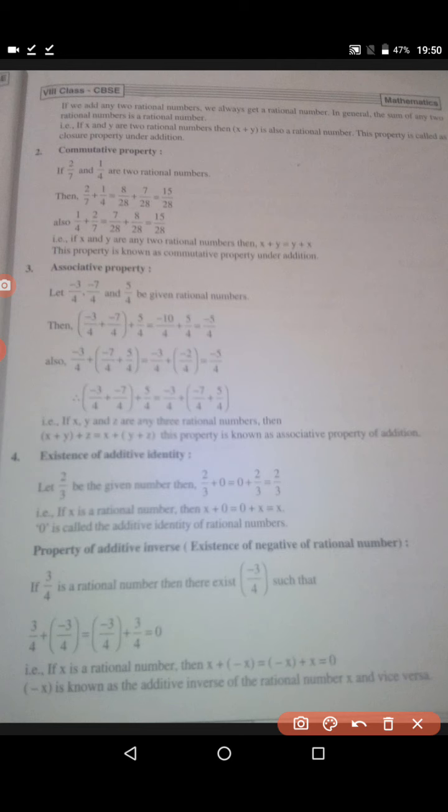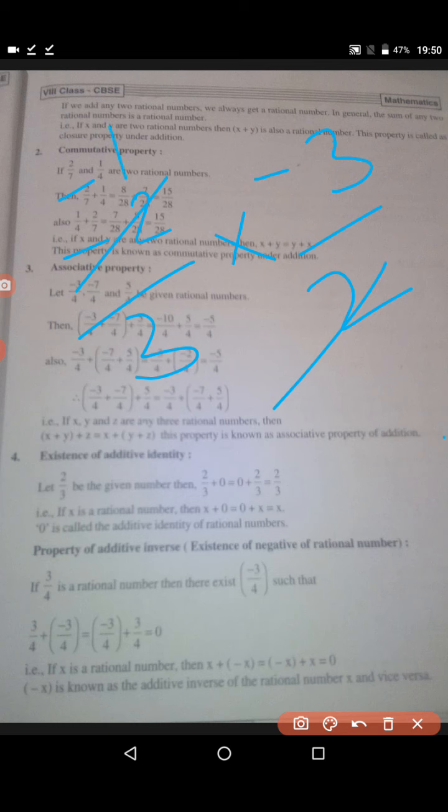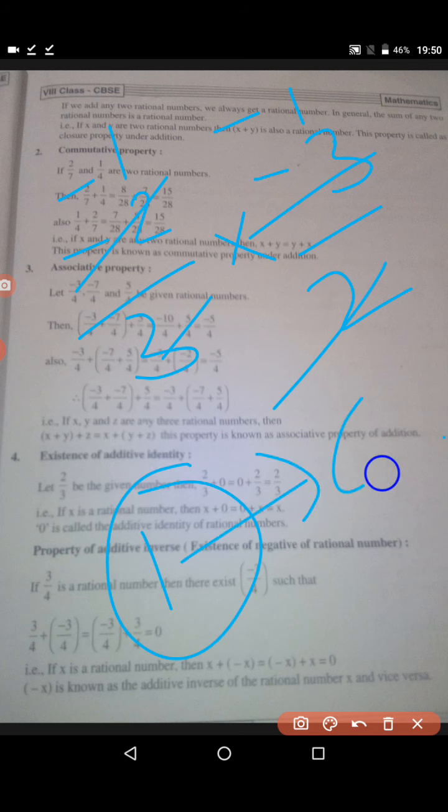Right? Now let's check under multiplication. Minus 2 by 3 into minus 3 by 2. Can I interchange the sign? Yes, obviously I can. Therefore minus 1 into minus 1 is plus 1. Plus 1 is also a rational number.